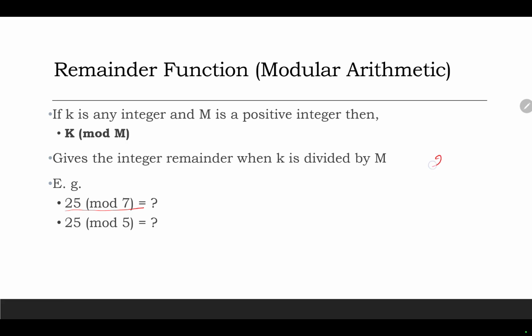When we divide 25 by 7, 7 into 3 is 21, so the balance is 4. So 25 mod 7 is 4. Then 25 mod 5: 25 divided by 5, 5 into 5 is 25, the remainder is 0, so 25 mod 5 is 0.